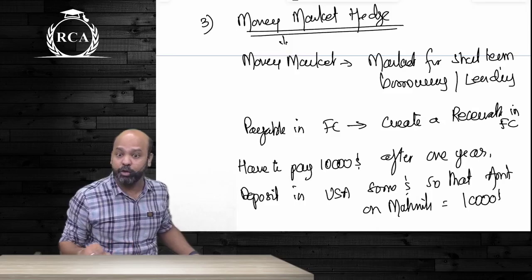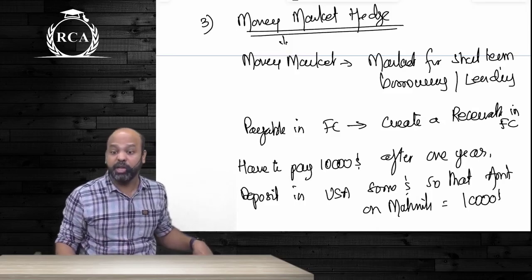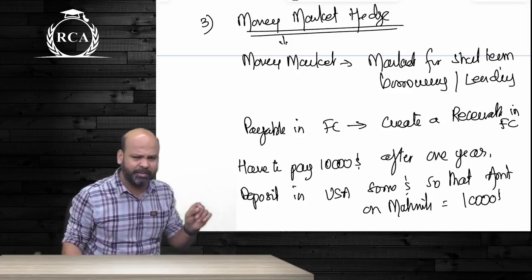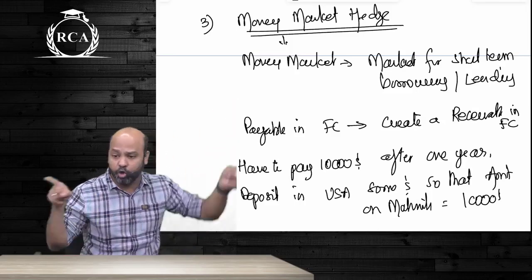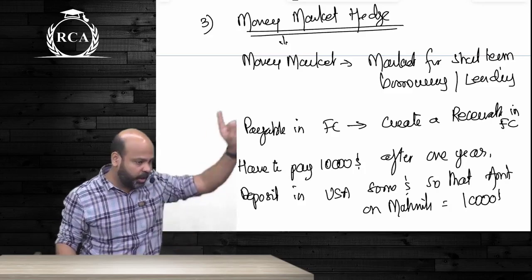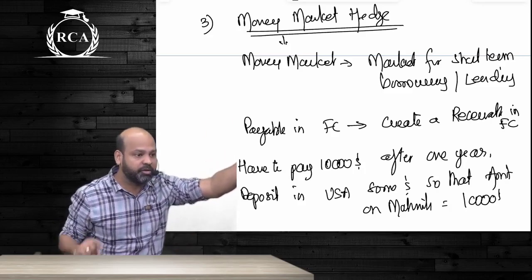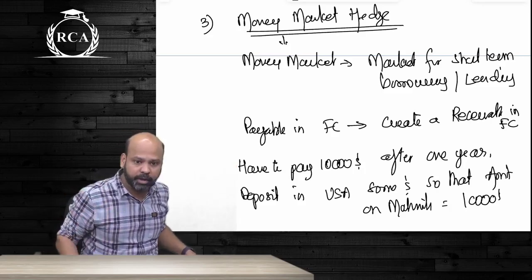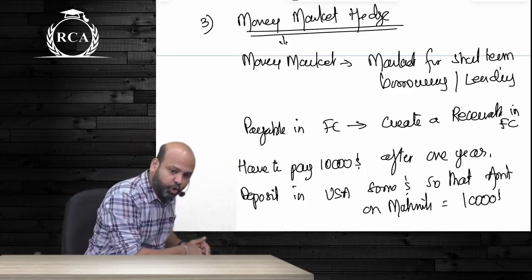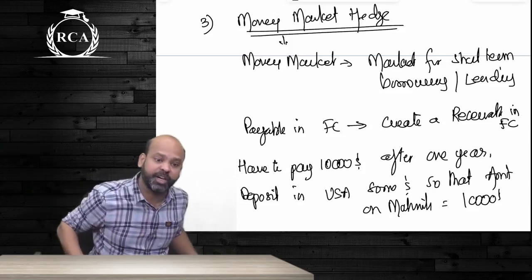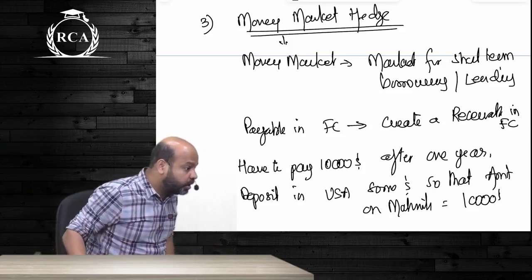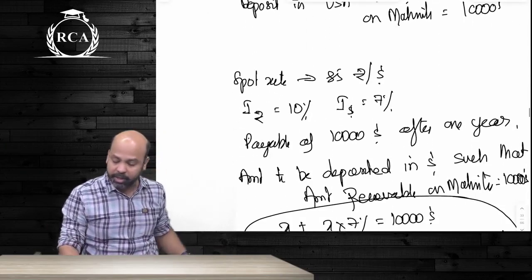To buy that, you need home currency, so you will have to borrow, and on that borrowing you will consider your borrowing cost. Ultimately, if you have a foreign currency payable, you will have a home currency borrowing. If you have a foreign currency receivable, you will have a home currency deposit. Because you are depositing or borrowing today only, you will not be affected by exchange rates prevailing on a later date. Are we clear about this? That is the money market hedge. Any doubt in that?